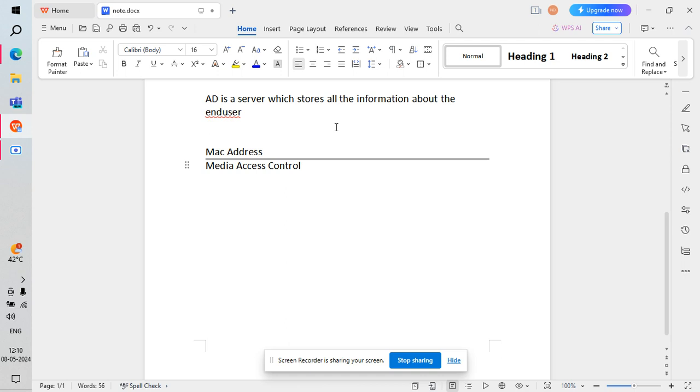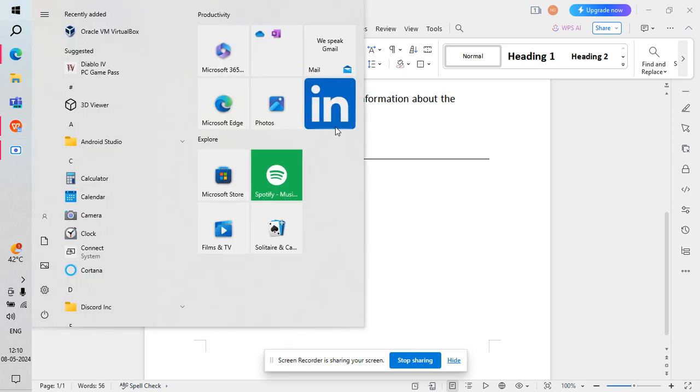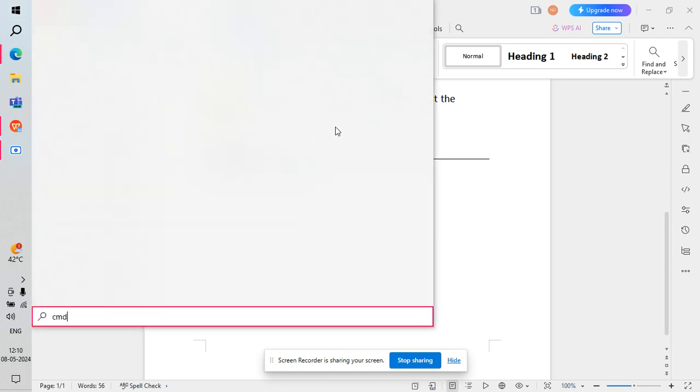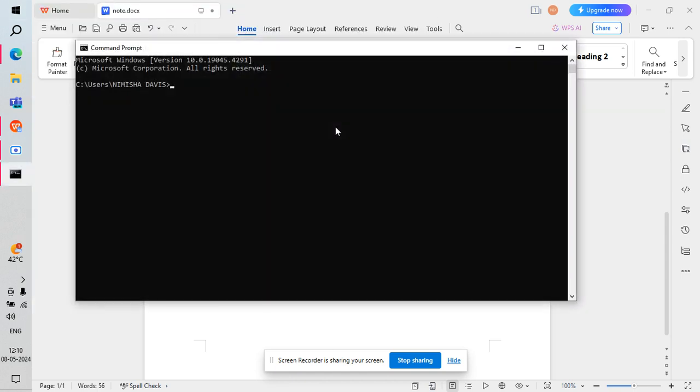I gave the laptop to the student for 5 minutes, right? So at that time, he can collect the MAC address of the PC. How can he collect the MAC address? For that, we can go to the command prompt, cmd, and here we can type getmac.